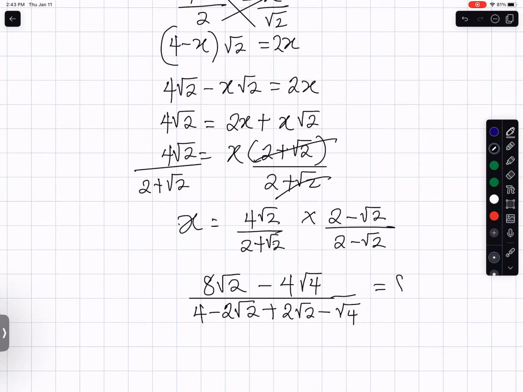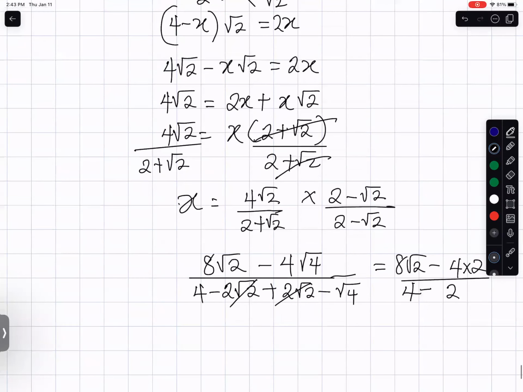So we have 8 root 2 minus 4 root 4, where 4 root 4 is 4 multiplied by 2, divided by 4 minus 2 root 2 plus 2 root 2, which gives us 0, minus root 4 which is 2.